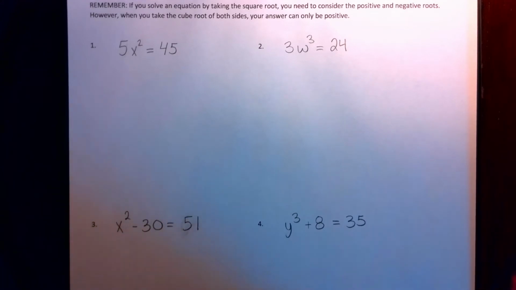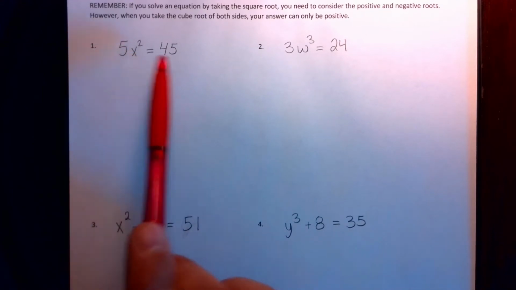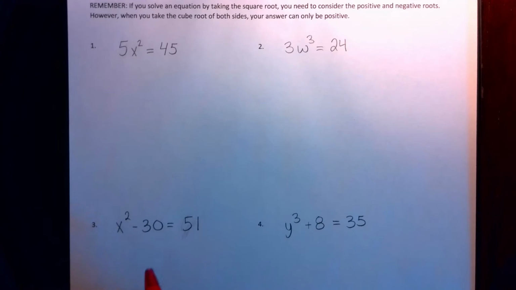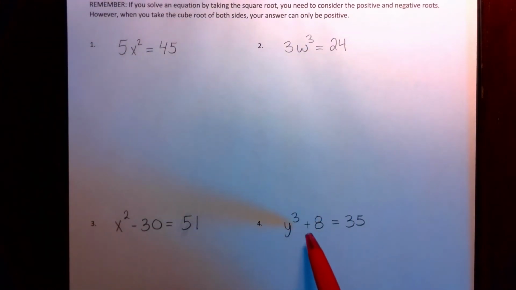And then finally, last reminder: if you, in an algebra problem, take the square root of both sides, you need a plus or minus sign for your final answer to consider both the positive and negative root. For a cubed root, however, a plus or minus sign is not necessary.